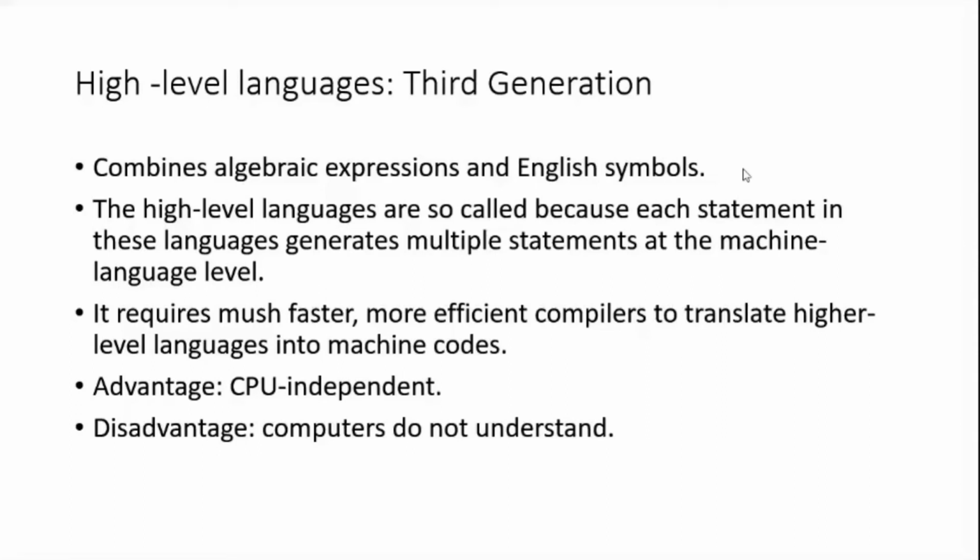Whether it is an Intel machine or a Mac, you can use the same high-level language to create a specific program, and it can be converted into the corresponding machine language.